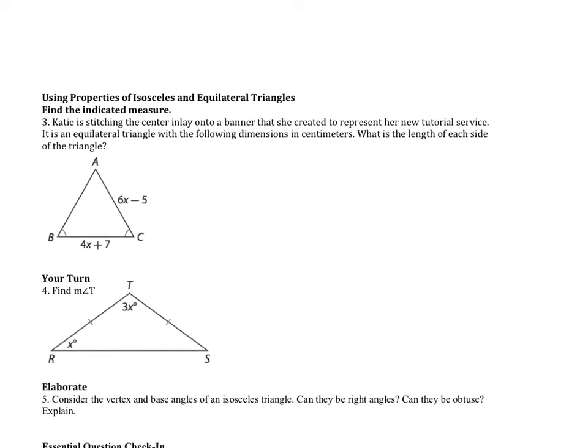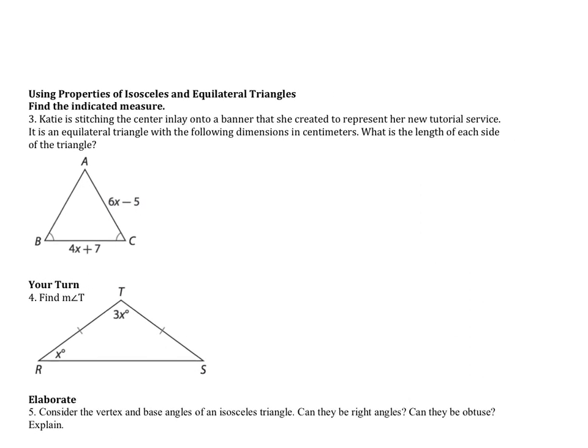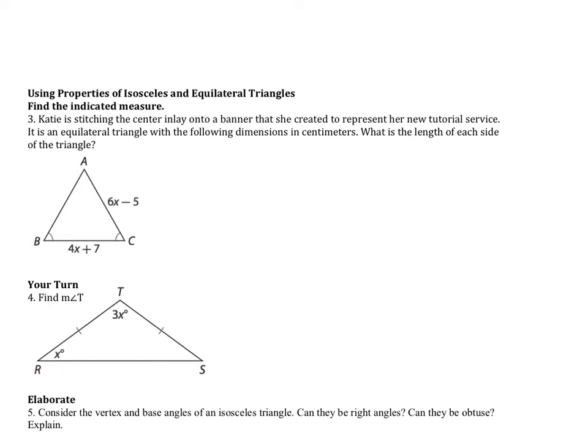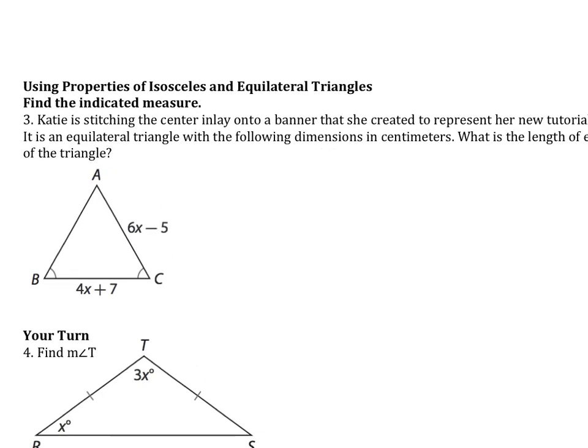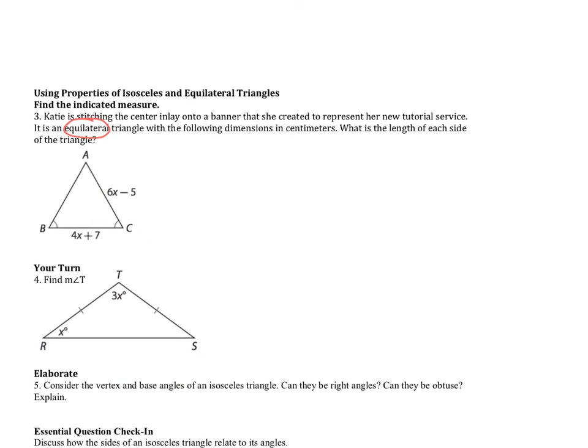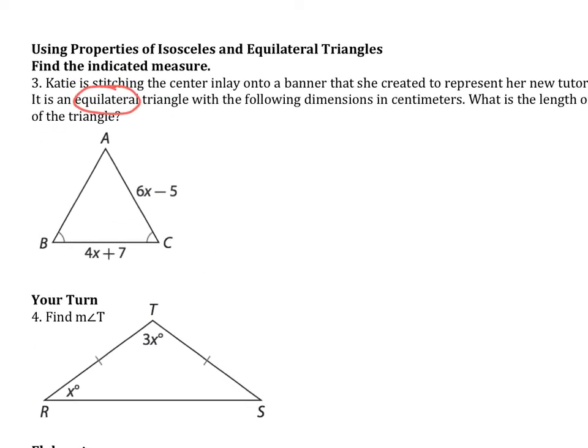So on the next page, we have number 3. Katie is stitching the center inlay onto a banner that she created to represent her new tutorial service. It is an equilateral triangle, so all the sides are the same with the following dimensions in centimeters. So what is the length of each side of the triangle?